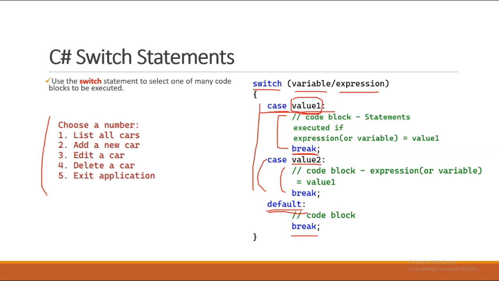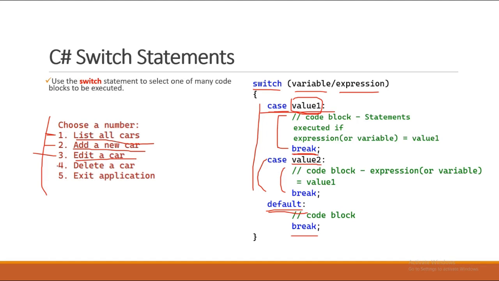For example, you can use it for menu items. You can run an application, and if the user enters one, it will list all cars that we have. If they enter two, add a new car. If they enter three, edit a car, and then we need to write the relevant code for it.